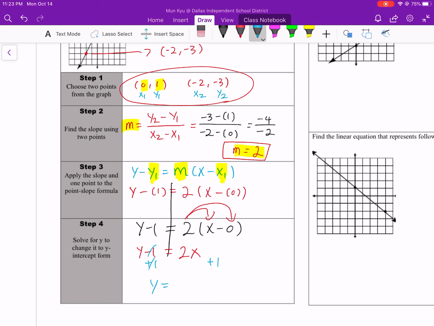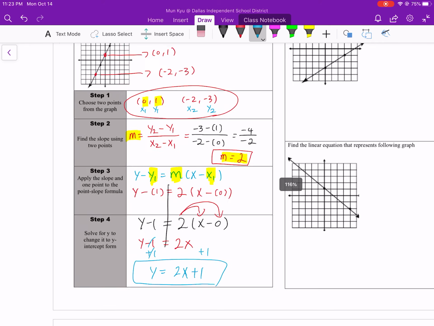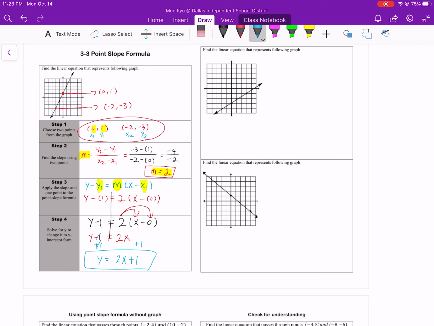Here, we don't have anything, and you cannot combine these two together. So what you are going to do is just write down 2x plus 1 because you cannot combine them together. And that's how you find equations from a graph.